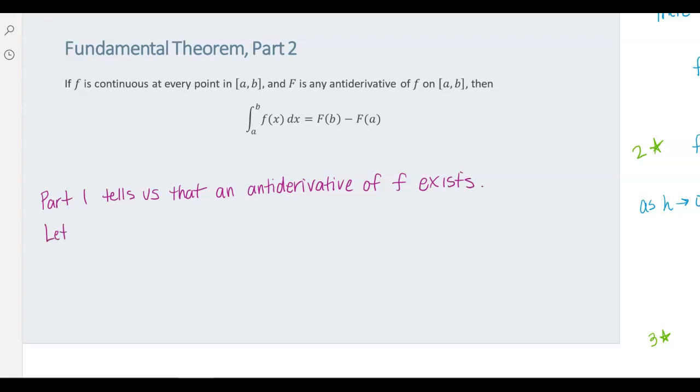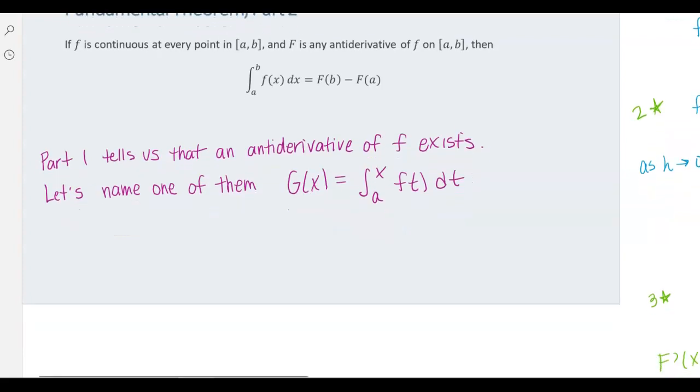So let's name one of them, capital G of x. So if capital F is also an antiderivative of f, then it's going to be the same as G of x, but with some possible constant that has been added, right?